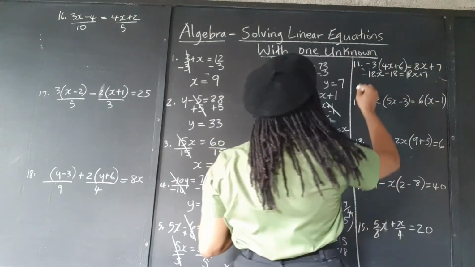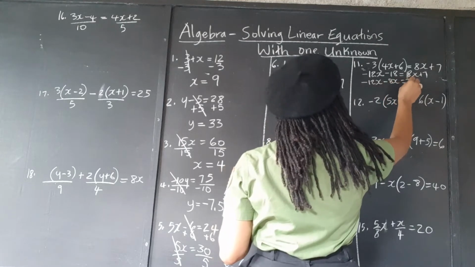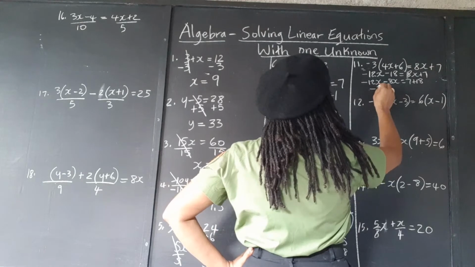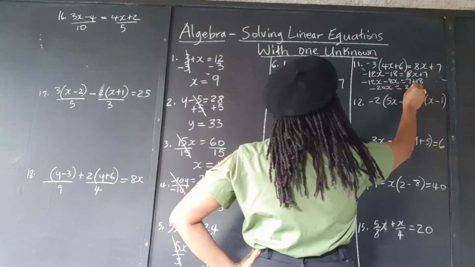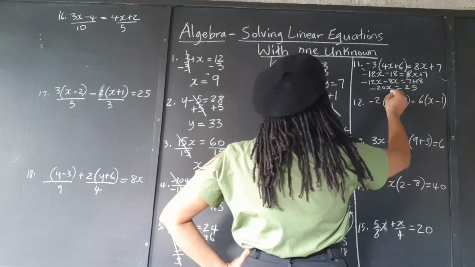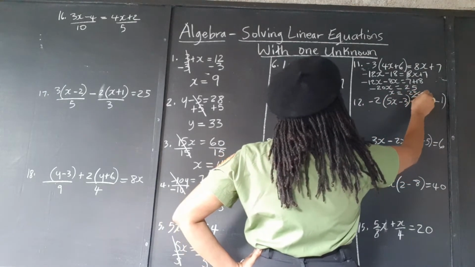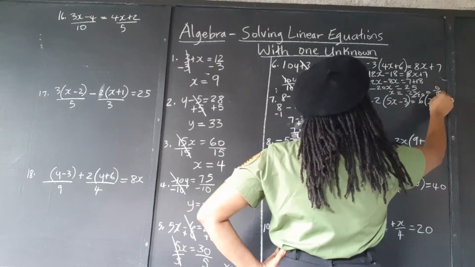So we'll end up with negative 12x minus 8x is equal to 7 plus 18. So this gives negative 20x is equal to 25. So x is 25 over negative 20, or negative 5 over 4.